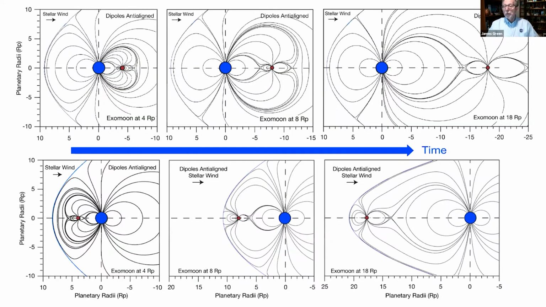Here are the magnetic topology results for the dipoles of the exomoon and the exoplanet anti-aligned. We've also done the aligned example, but I don't have time to talk much about that.